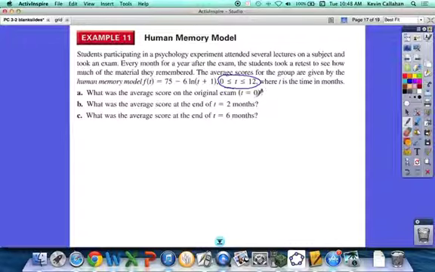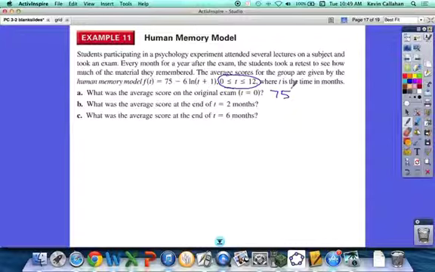If you plug in t equals 0, you're taking the ln of 1, which is 0. ln of 1 is always 0. So that means this whole second term goes away, and all you have is the 75, which makes sense because at the beginning, your first score was 75. Now, as the months get bigger, you're going to be subtracting more and more from the 75.